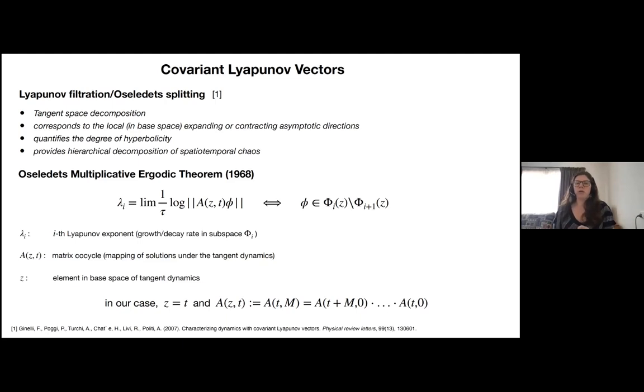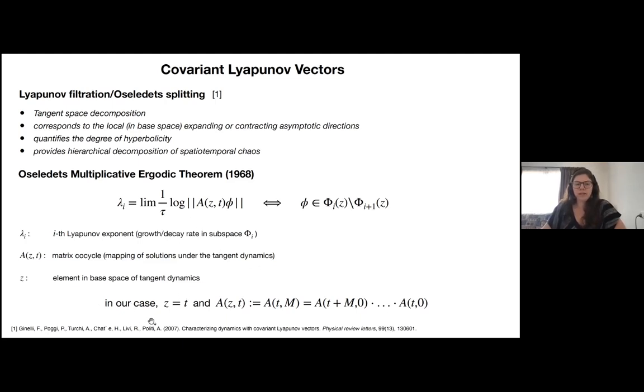So the idea is that at any given time, the covariant Lyapunov vectors that lie in a given subspace will grow or decay with the rate, the Lyapunov exponent, associated with that subspace. And as you can see here, you have your matrix cocycle that we're talking about, which is going to be related to our tangent linear propagator that I showed earlier.